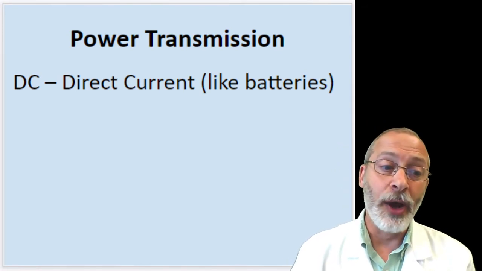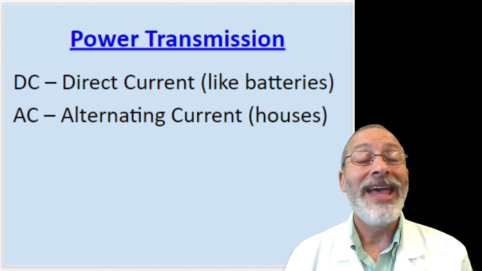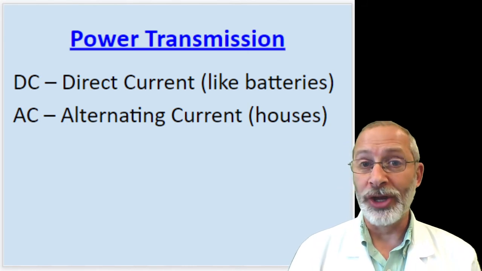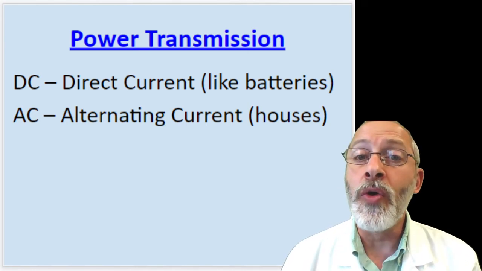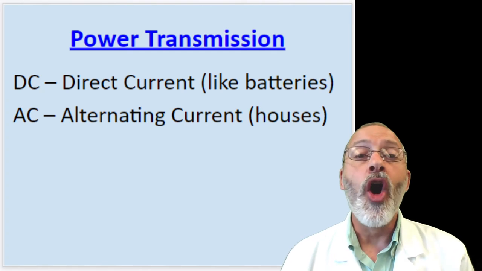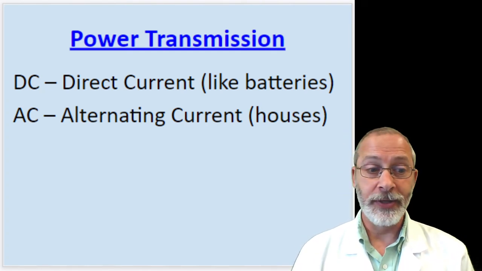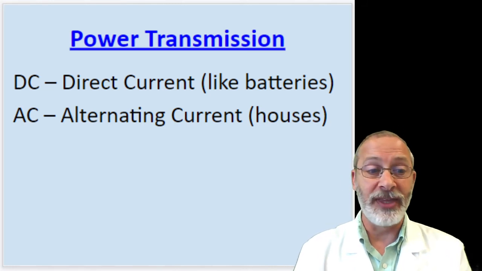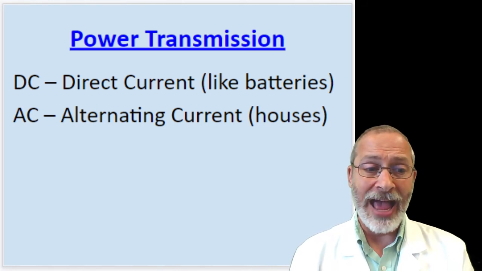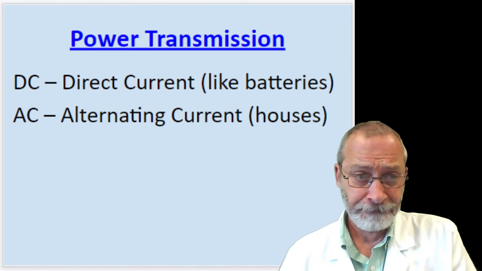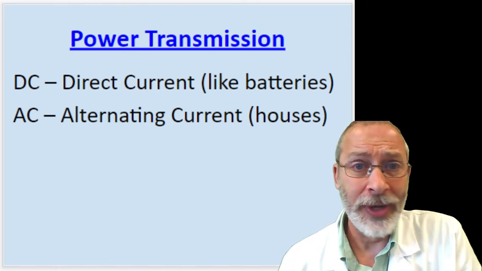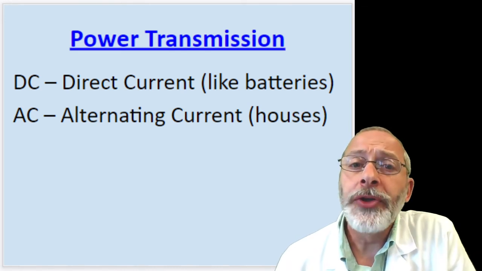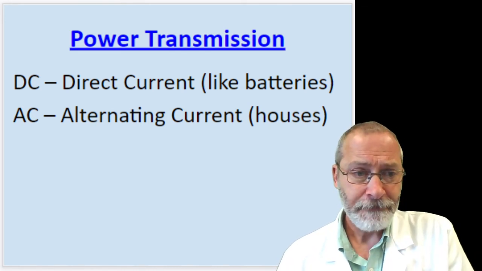That is unlike, however, what we call AC or alternating current. Your home is powered with alternating current, which flip-flops back and forth between the positive and the negative very quickly at a regular rate. You plug something into an outlet, that's tapping into alternating current.